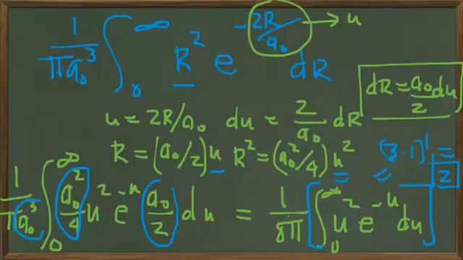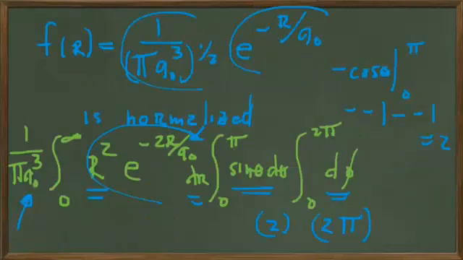So if we plug that in, this part right here is 2, and remember that we have changed this constant out front to 1 over 8 pi.